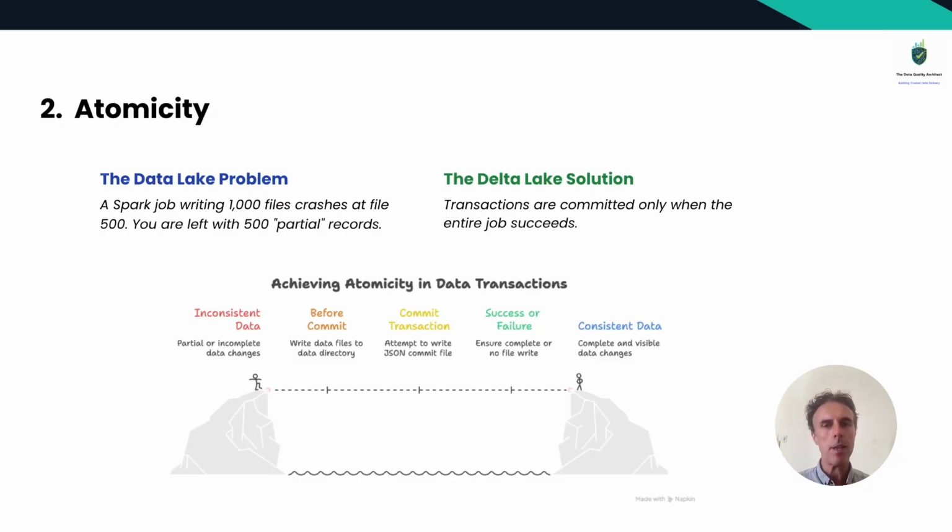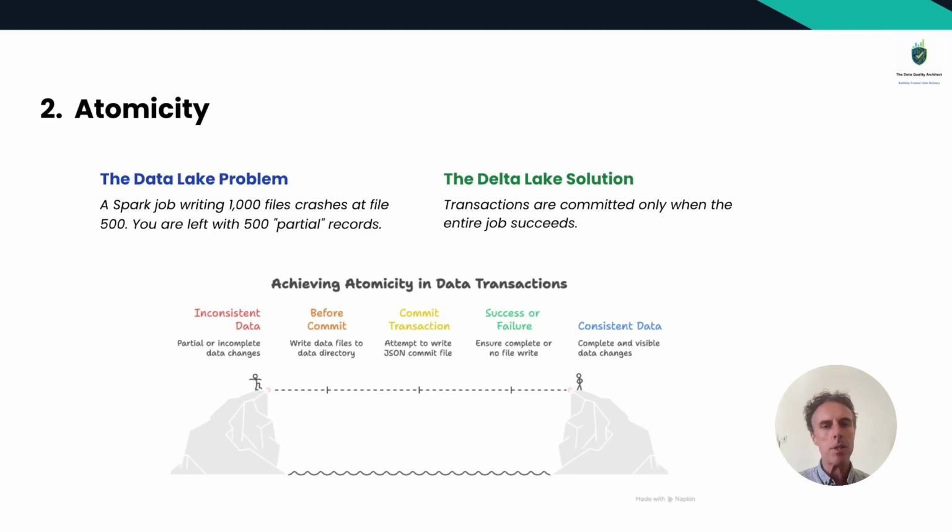If the write is successful, the transaction is committed and the changes become visible to the new readers. If the operation fails mid-write, no partial commit is visible and the uncommitted data files are ignored, eventually cleaned up by the vacuum operation, which we'll touch on in a later channel video.